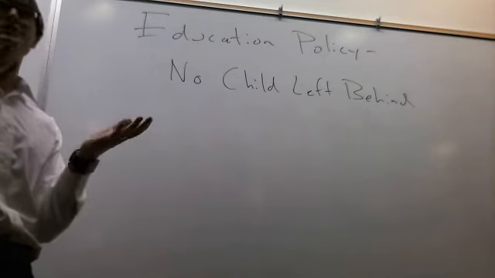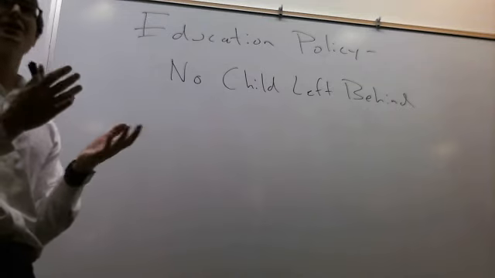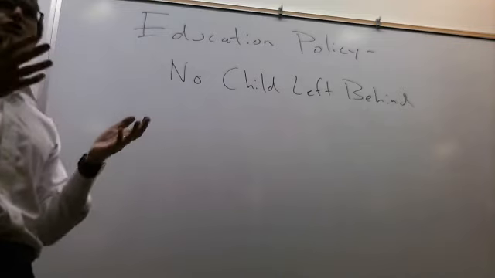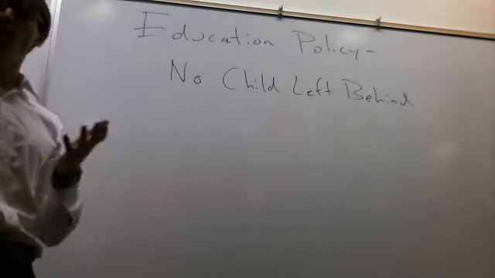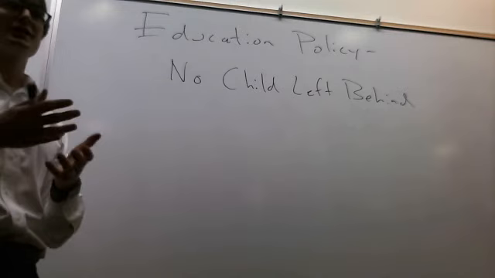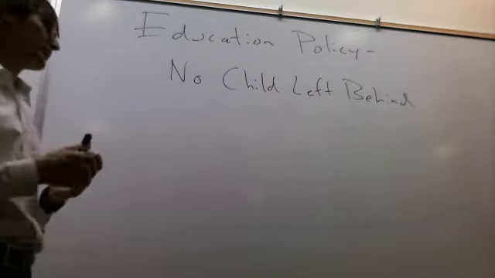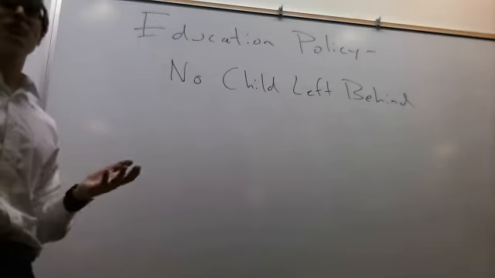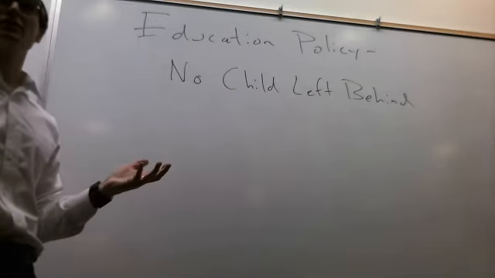So the problem was that up until No Child Left Behind, there was no way to keep individual school districts accountable to all the parents and all the children that were out there, because if the school district saw it in their own best interest, they could socially promote kids and just pass them through the grades, even though they didn't know the material, right?